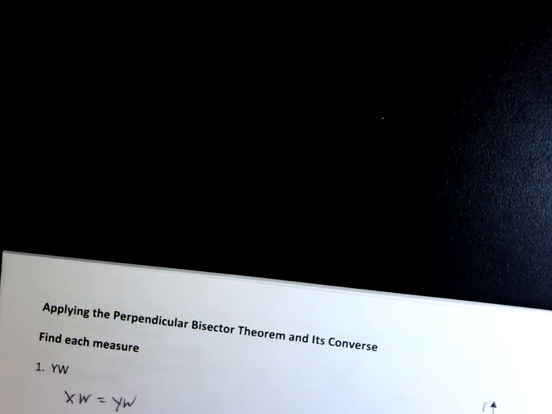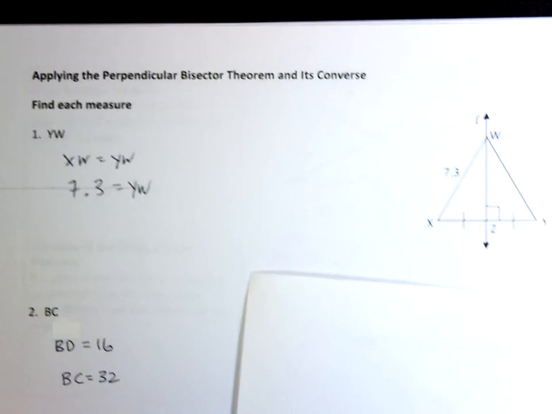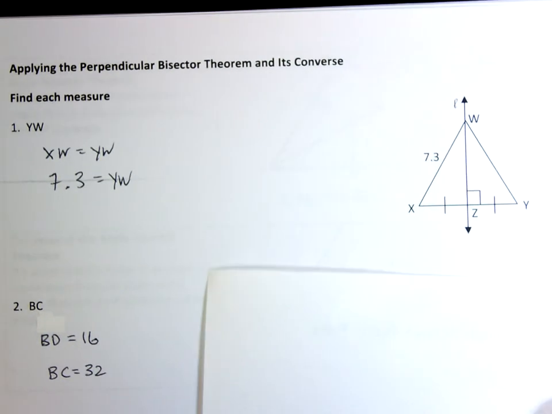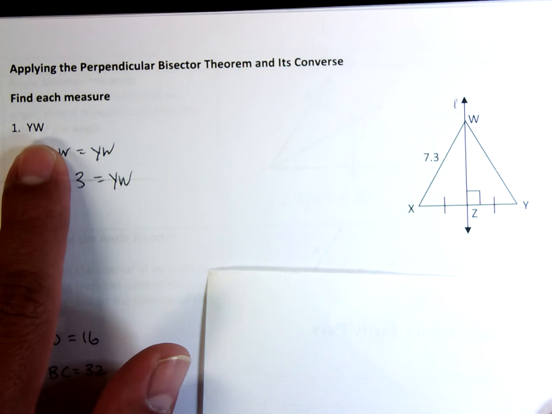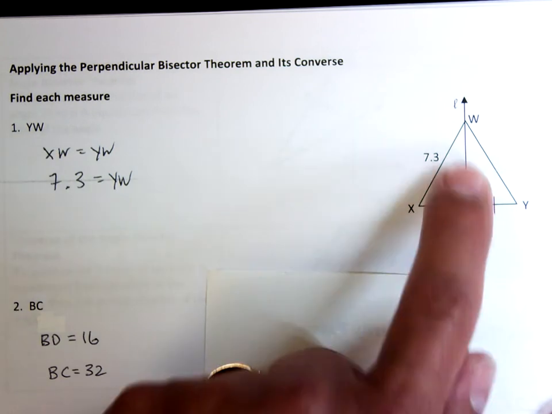Okay, so how does that work? Just some easier little problems to look over and talk about. It gives us this picture. It says find the length of YW. Well, here is YW.